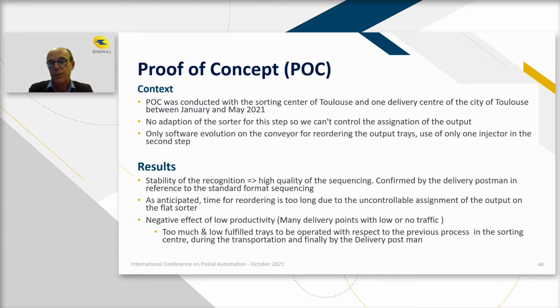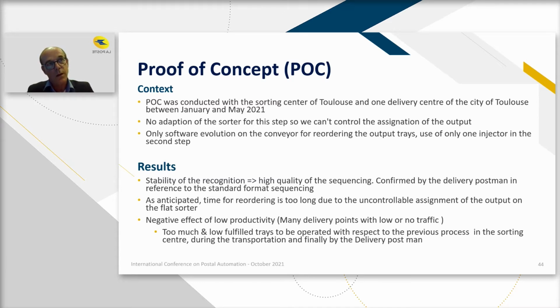There were 3 main results for this proof of concept. The first is that we have a very good result in terms of stability of recognition. That is, when we pass the mail 2 times, the recognition is the same the second time as the first time. So it's very important for sequencing, of course.